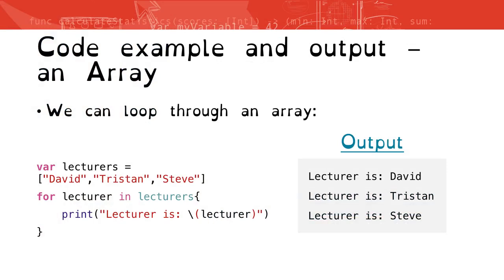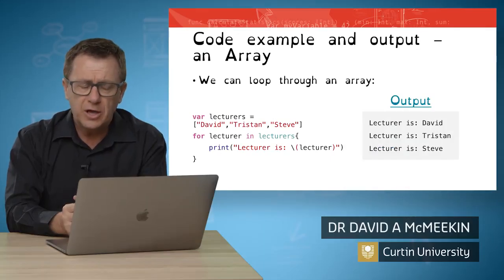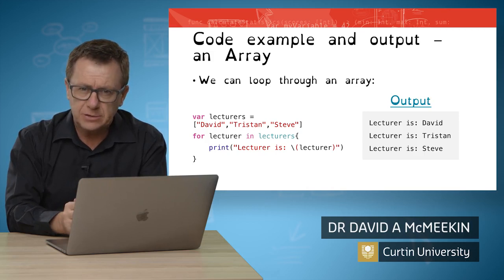Let's have a look at looping using arrays. So in this case, we have an array called lecturers, and our lecturers are David, Tristan, and Steve. And we're going to loop through and print out each person from the array, or each lecturer. So our code says for lecturer in lecturers.